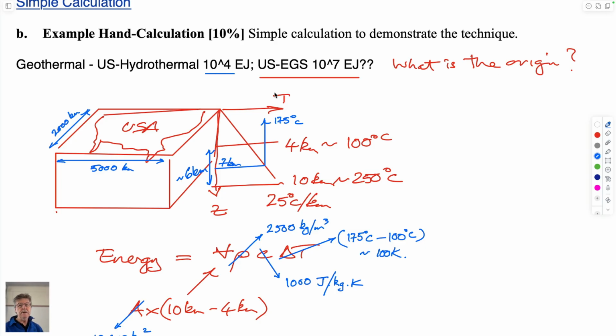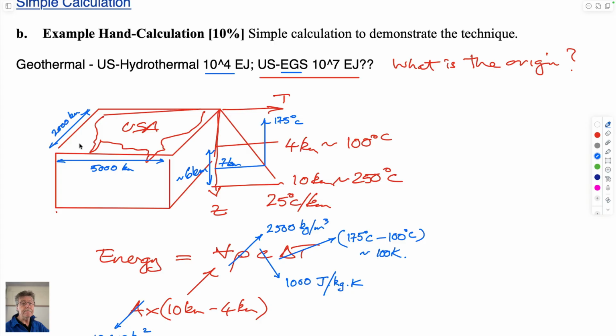The budget for the US in terms of fossil fuels is something like 100 exajoules, and so 10,000 exajoules comes from hydrothermal in terms of the reserve. Apparently the EGS reserves are 10 to the 7 exajoules.